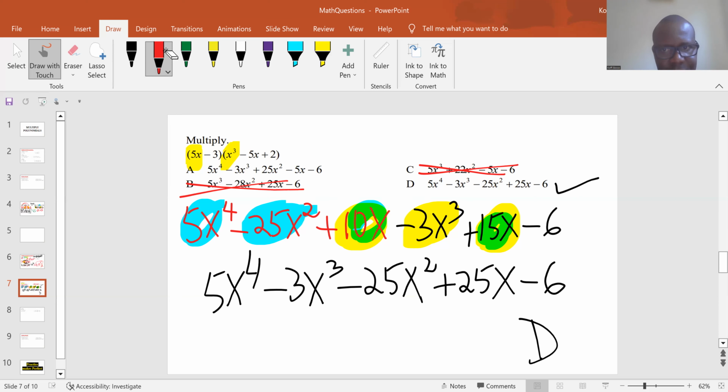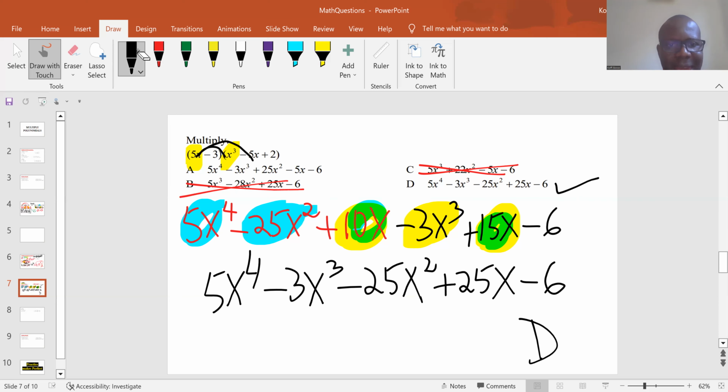Now, the next thing to check, if you continue, you take the 5x, you multiply by negative 5x. So we did this one already. You get negative 25x squared. But you'll see that in A and D, only D has that negative 25x squared.